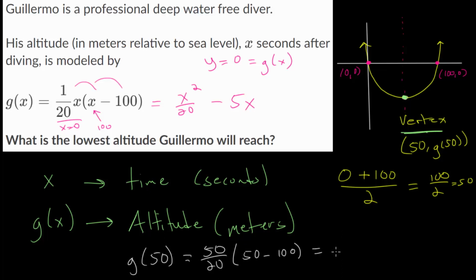And this simplifies to 5 over 2 multiplied by negative 50. So if we simplify this, we get negative 250 over 2, which, if we divide this by 2, would be minus 125. And remember, the units are meters relative to sea level. And since he's below sea level, it makes sense that we got a negative number. And this right here will be our final answer.